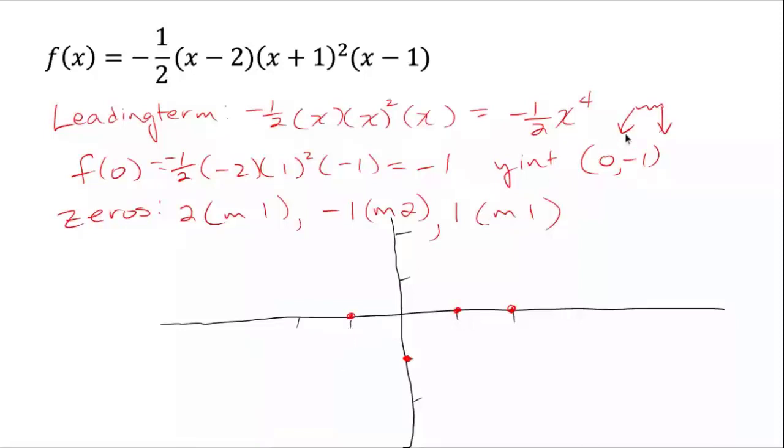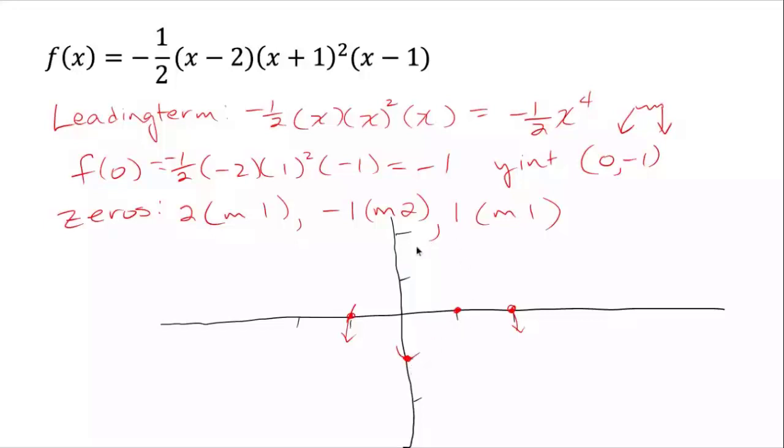Now I know on the left-hand side and the right-hand side it's headed down. So from these outer points, it's definitely headed down both ways. Well, if it's headed down here on the left, then it's going up here. It had to turn around in order to hit this. So I don't know how high it went, but it had to have turned around to hit that point.